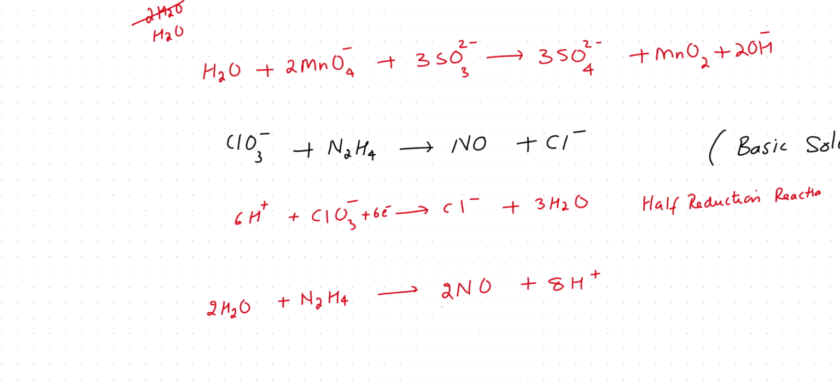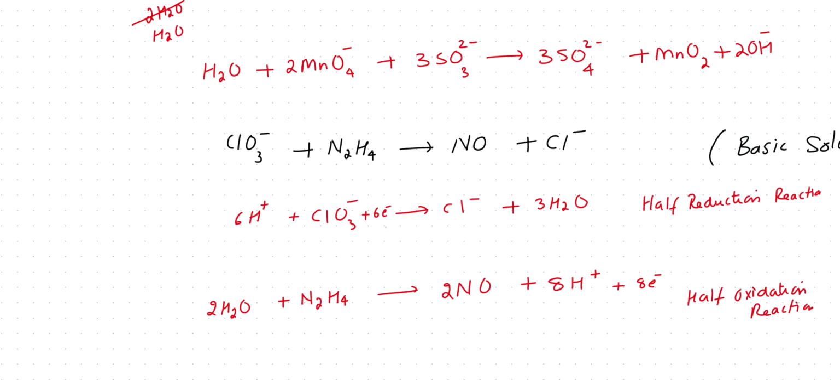Now we balance the charges. No charge here, no charge, no charge. So 8 positive charges means to cancel, we have to add 8 electrons, 8 negative charges. So this loss of electrons is the half oxidation reaction. Now we can add the two, but here there are 6 electrons and here we have 8 electrons.